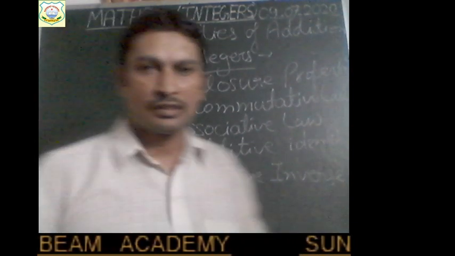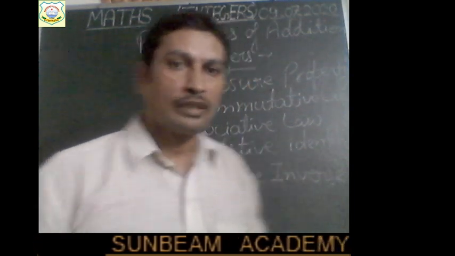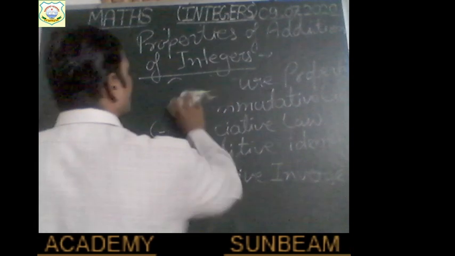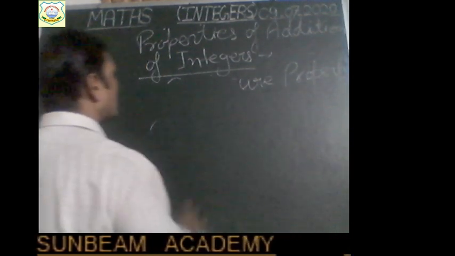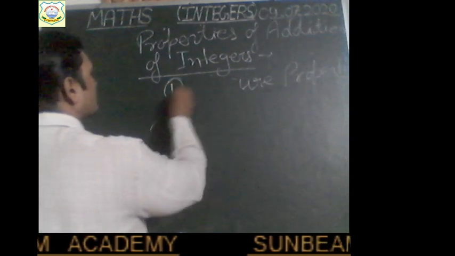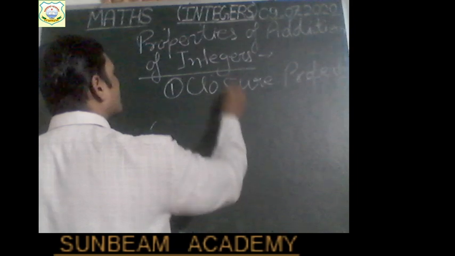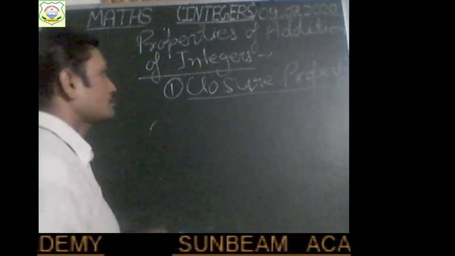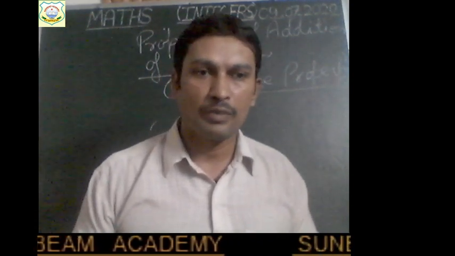So one by one we have to discuss these properties now, right? So let us start. We will start with the first property, which is the closure property. What is the closure property?